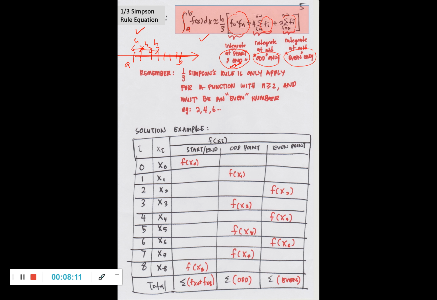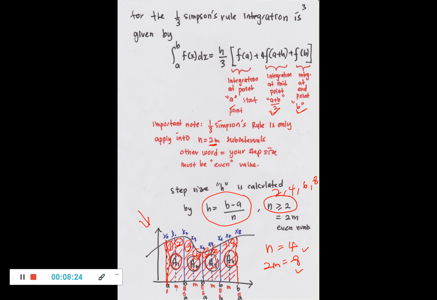So this is what I have here. Okay, and then plus 4 summation of fx value ataupun you kena buat integration at odd point only. Odd point only, okay, is actually adalah pada titik tengah. Ni, this is your odd point.